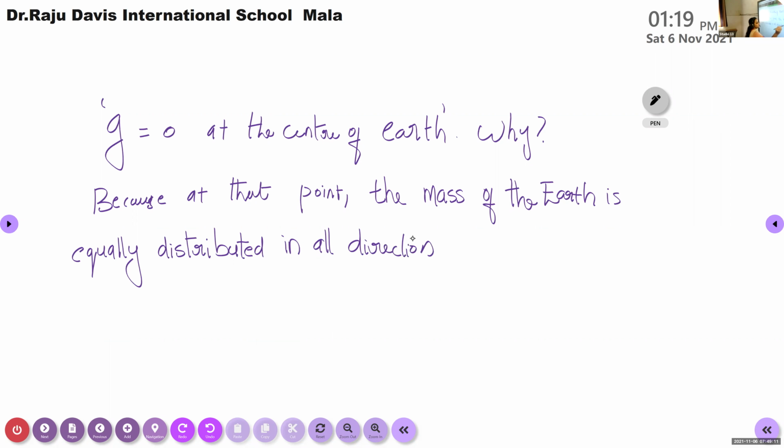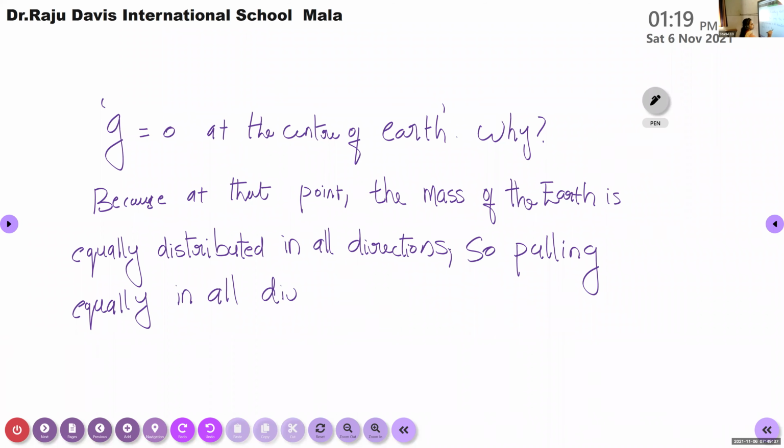Because at that point, the mass of the Earth is equally distributed in all directions, so pulling equally in all directions for a net zero pull.